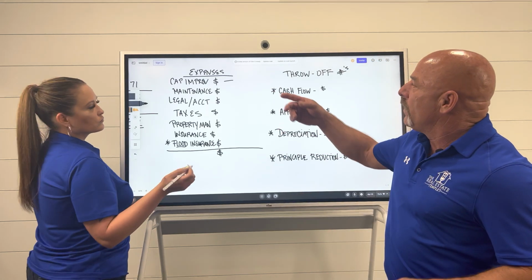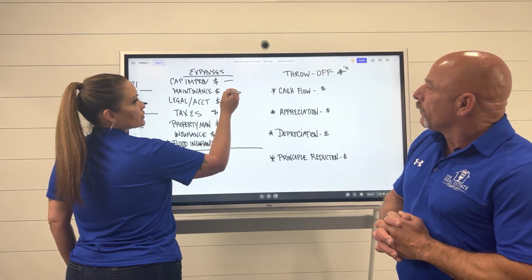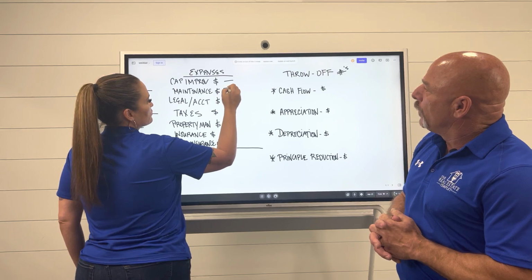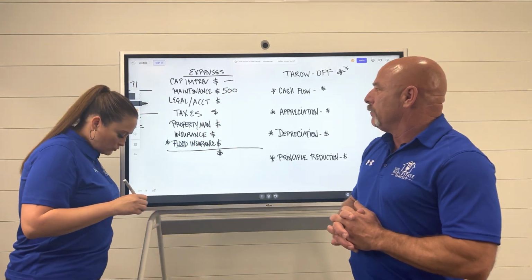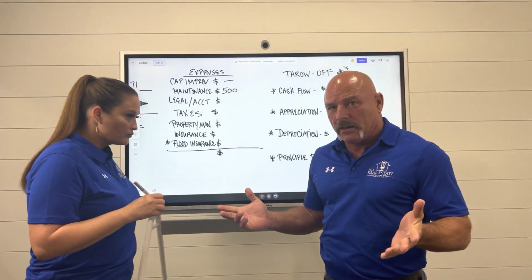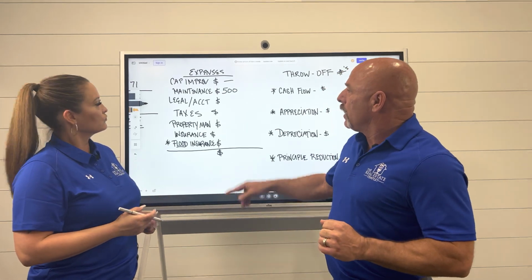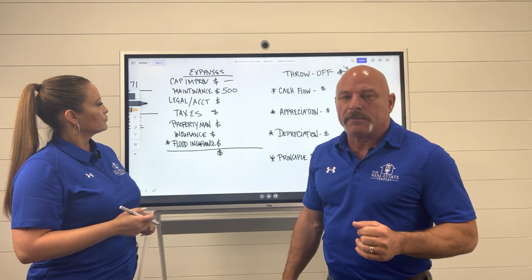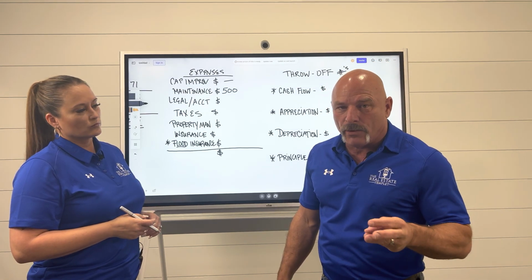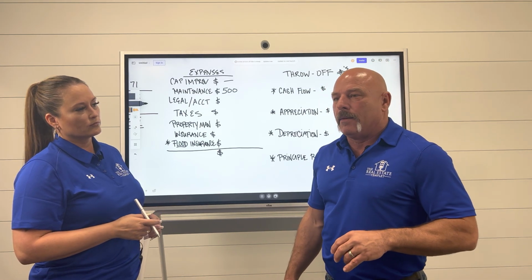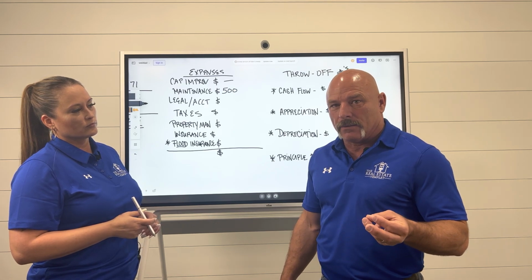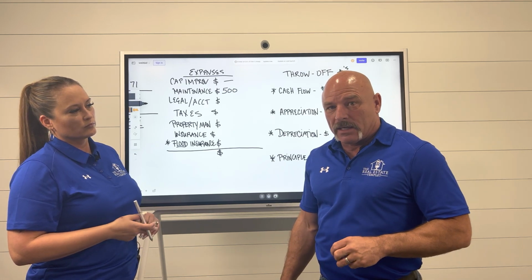So the next thing we're going to figure is maintenance costs. 500? Yeah, let's use 500. So we always put a minimum of $500 a year on maintenance costs. So we got a house that's freshly rehabbed. We build brand new houses, so we got a brand new house. I'm still going to put $500 a year in maintenance costs because I'm going to send somebody over there at some point in time to unstop a toilet. I'm going to send somebody over there to show them how to use an electronic thermostat because they don't understand that.